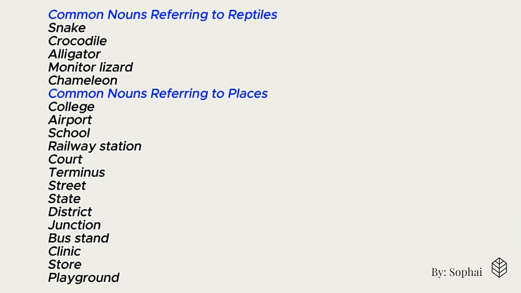Common nouns referring to places: college, airport, school, railway station, court, terminus, street, state, district, junction, bus stand, clinic, store, playground.